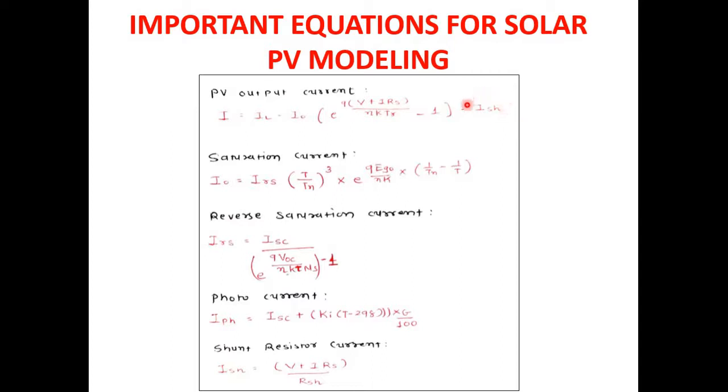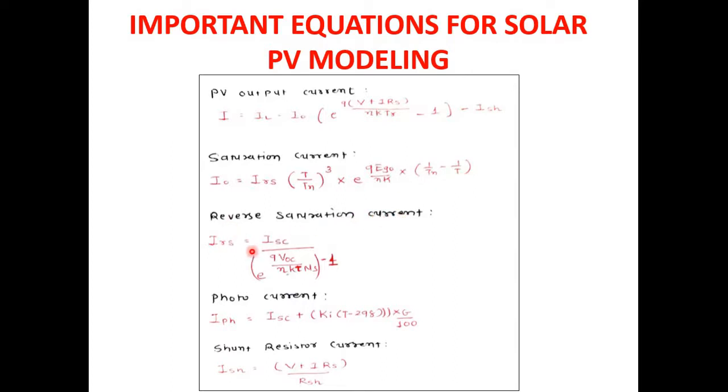But in actual we neglect this ISH because of the larger shunt resistance. Saturation current I0 is equal to IRS into (T by Tn) raised to 3 multiplied by e raised to q EGO divided by NK multiplied by (1 by Tn minus 1 by T).